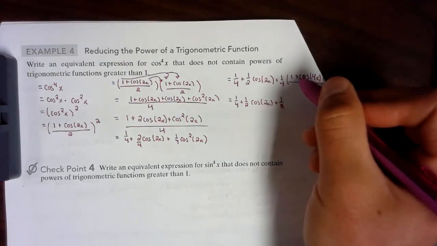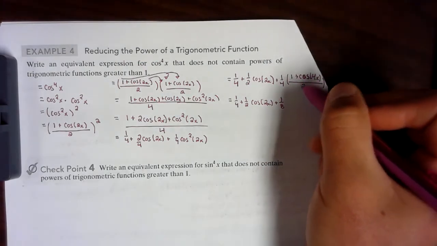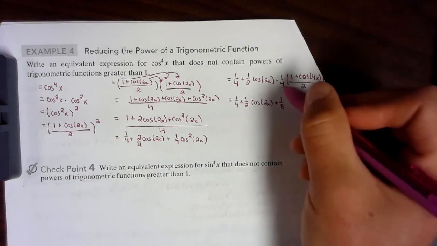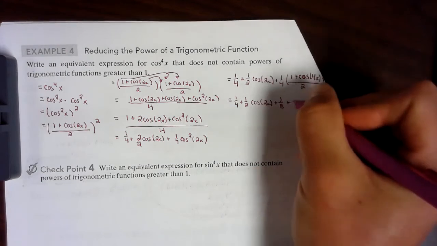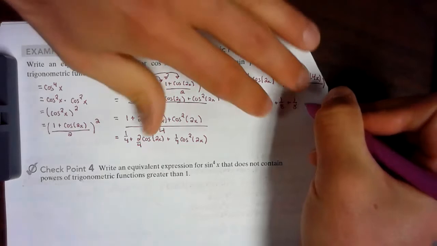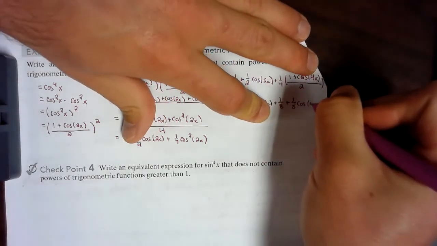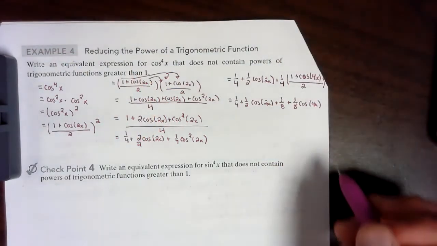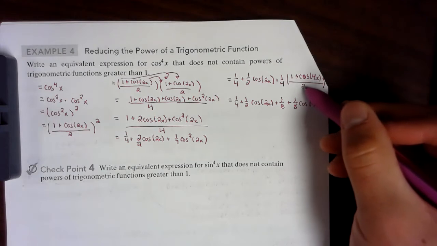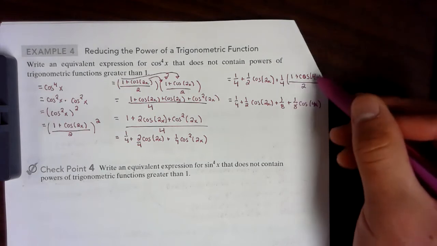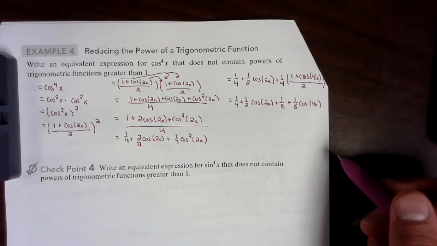So this is 1/4 plus 1/4 cosine of 4x, all of which is being divided by 2, making that denominator 8. So then plus another 1/8 cosine of 4x. All right, also could have just distributed the 4 here to make that denominator 8 and dividing each of them separately. So a couple of ways you can think about that.